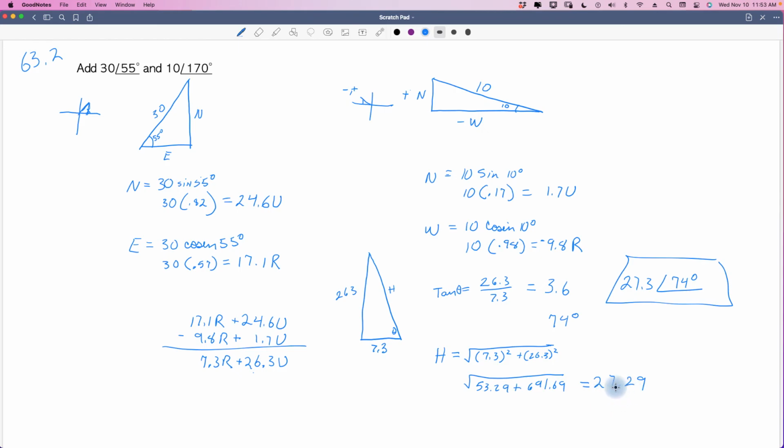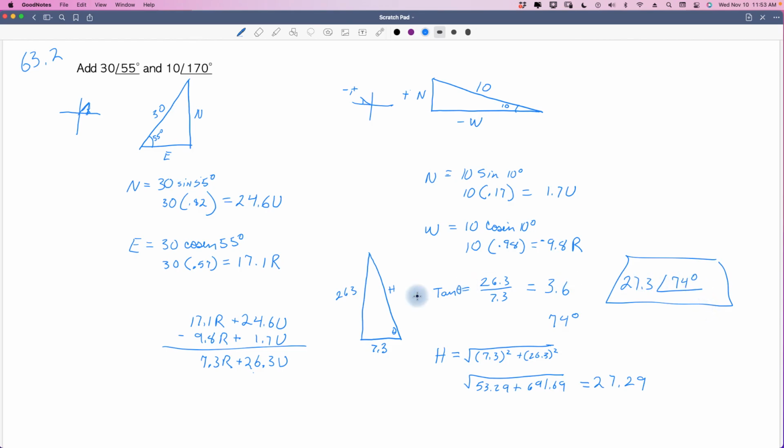And it gives us the length of our hypotenuse. And having the length and the degree of the angle allows us to then create the new vector of where they ended up, or what the result is of these two vectors added together.